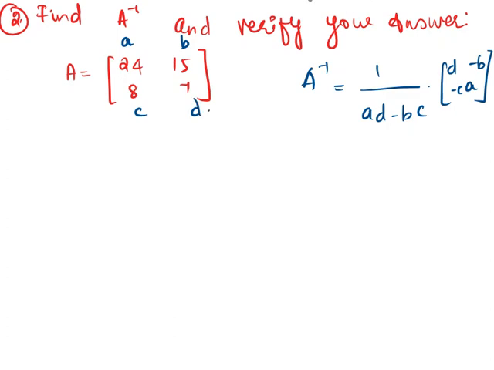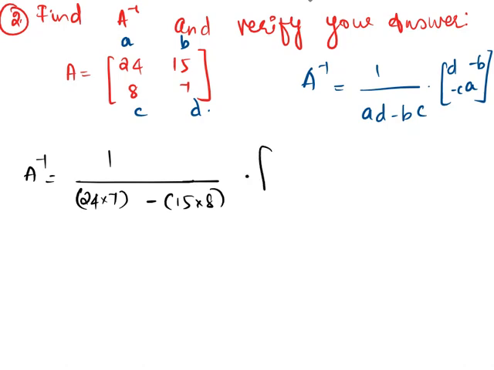Now using this we can write A inverse is equal to 1 divided by AD, which is 24 into 7, minus B into C, which is 15 into 8, into this value, that is 24, 7 as 7, 24.